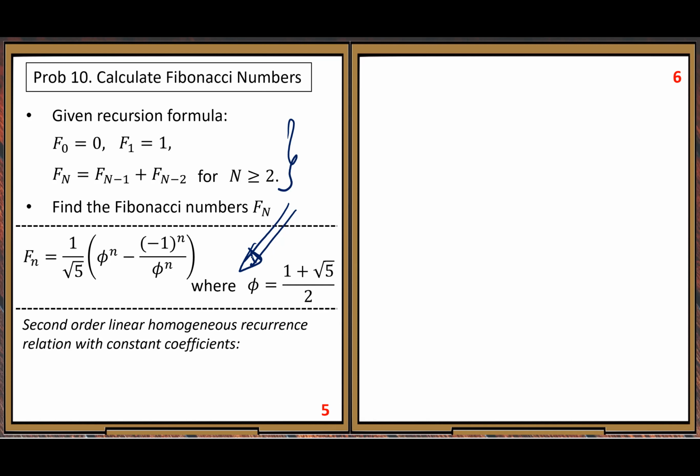Now, what kind of problem is it? Look at this long name: second order linear homogeneous recurrence relation with constant coefficients. That's the full name of this relation type.